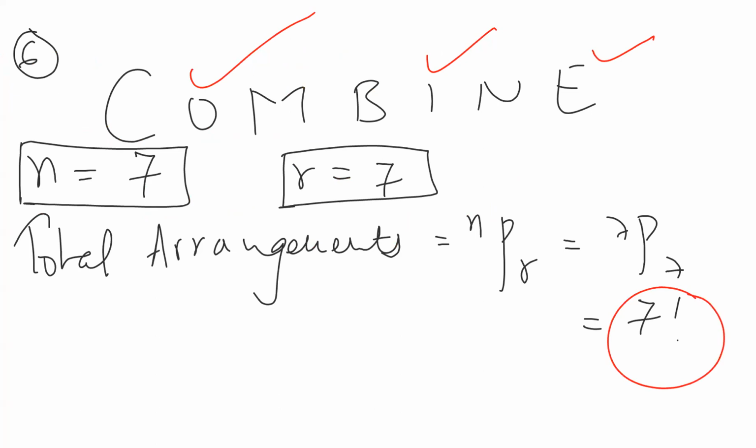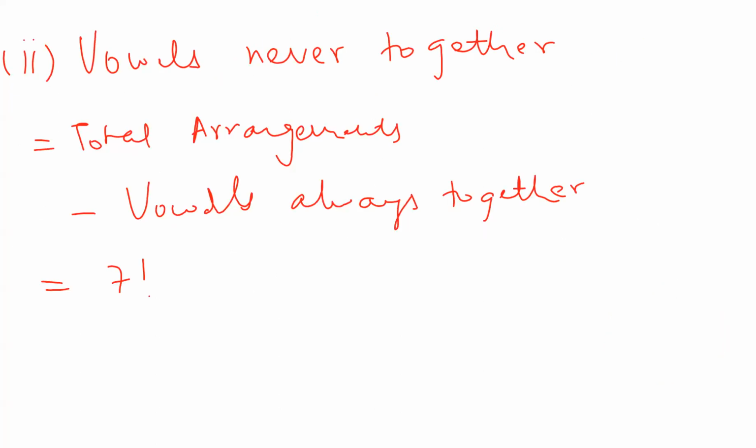That's why we did this. Minus vowels always together, which is 5 factorial into 3 factorial. If we subtract this, we'll get the answer for the vowels are never together. So the total number of ways minus the total number of ways always together is equal to the total number of ways vowels are never together. I hope you have understood this. Yes, sir.